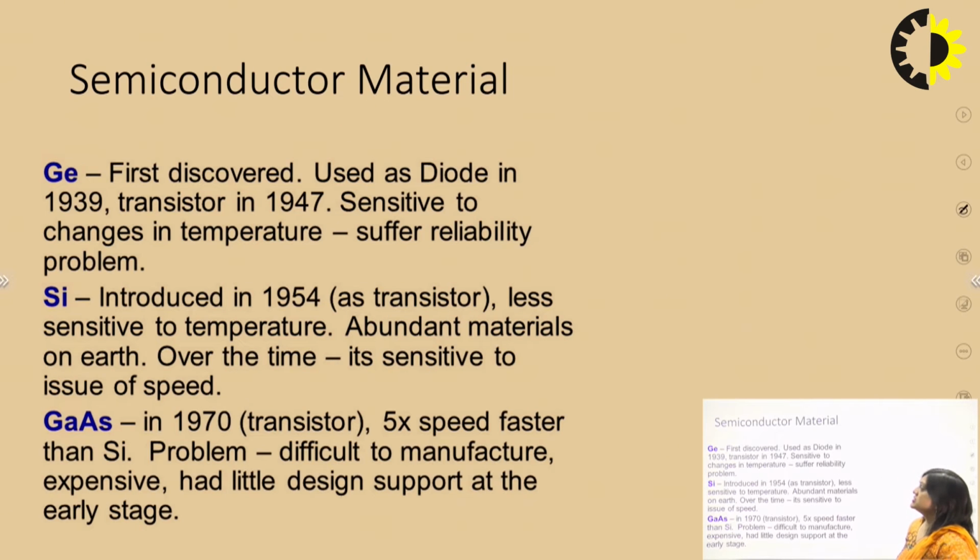The problem with gallium arsenide was that it was difficult to manufacture, expensive, and had little design support in the early stages. The problem with germanium was that it is more temperature sensitive in comparison to silicon. And the problem with silicon is that it is available, but the refining process is difficult.